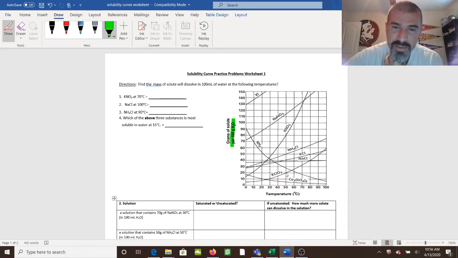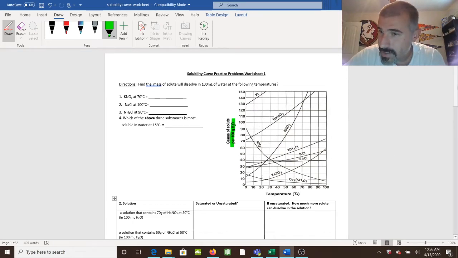So what would be the saturation point at 50 milliliters? It's not 20, it's half. It would be 10. So at this temperature, at 50 degrees Celsius, and potassium chlorate and 50 milliliters of water, you should only be able to hold 10. So this line should actually be down here.